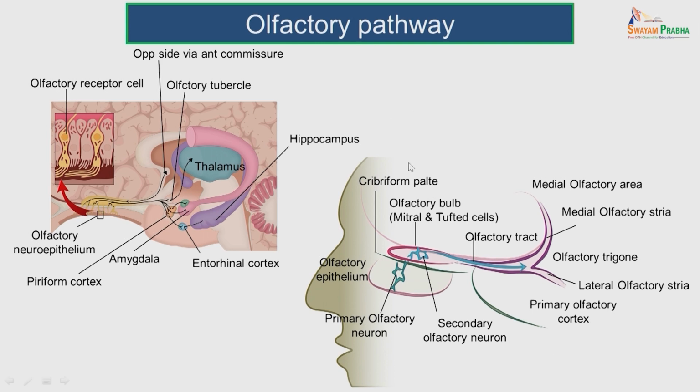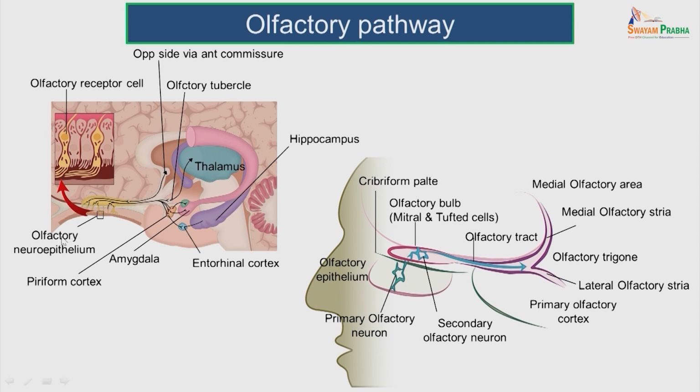So, here the olfactory pathway. The olfactory area was first coined by Broca. The olfactory epithelium is present in the roof of the nasal cavity, that is the olfactory neuroepithelium.